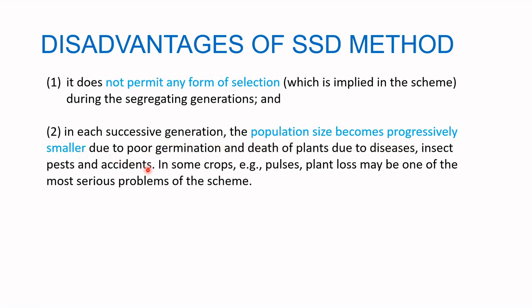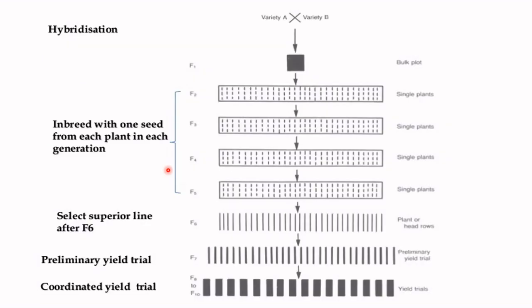Why does the population size become smaller? While selecting a single seed from a single plant and moving on to the next generation, there is a risk of loss of this plant, because we don't have a second plant representing that individual.